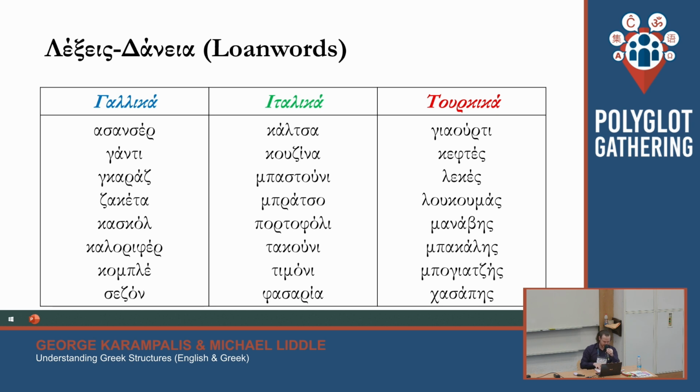So hang on, I've got my list here. I always mix these up. Sorry. So manavis, greengrocer, bakalis, grocer. Yeah. Okay. Boyadzis.